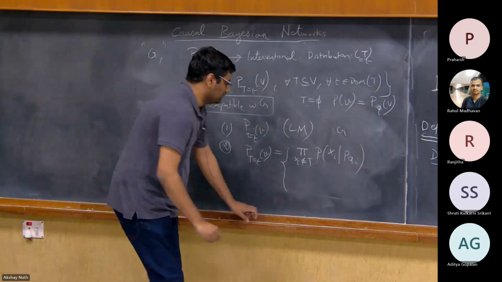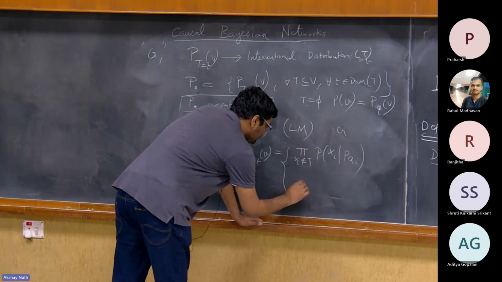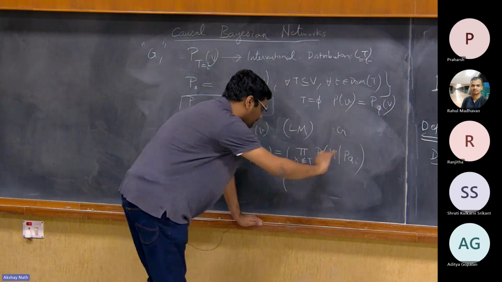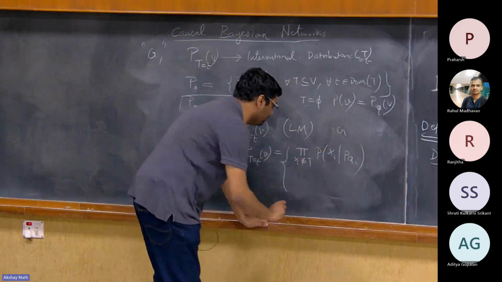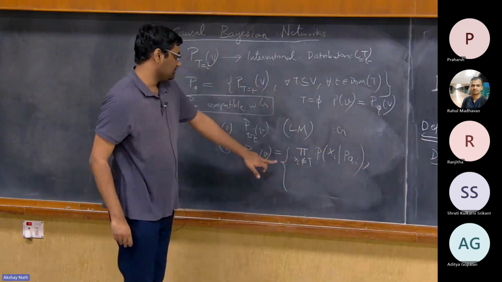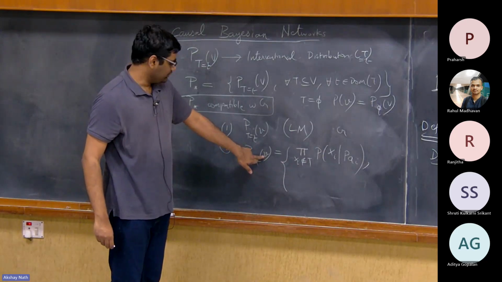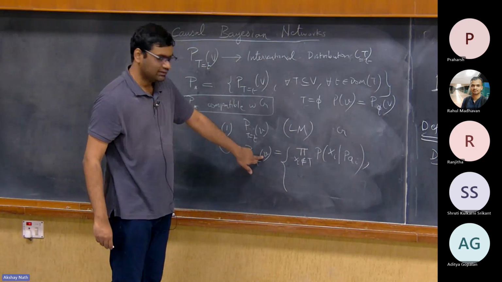Otherwise it is equal to 0. So this is actually the full definition, but the only important thing is you want to make sure. This is a joint distribution over B. You want to make sure the small t is consistent with this B.